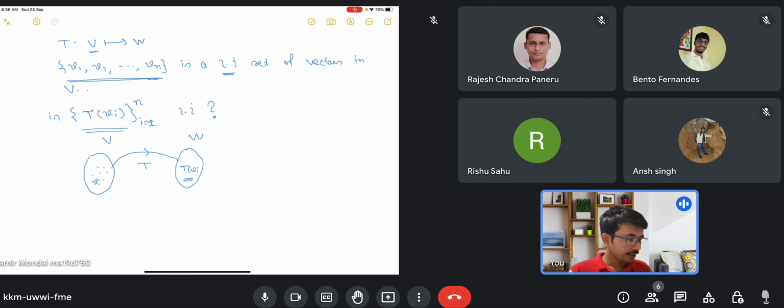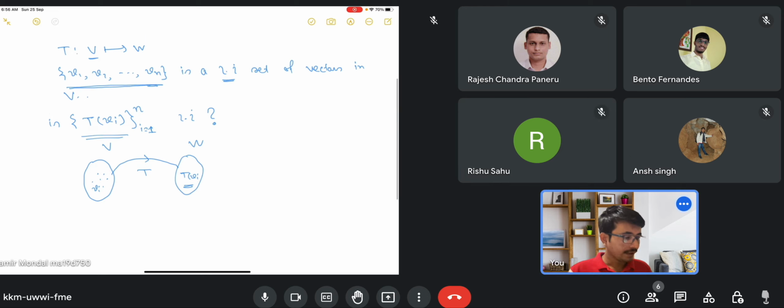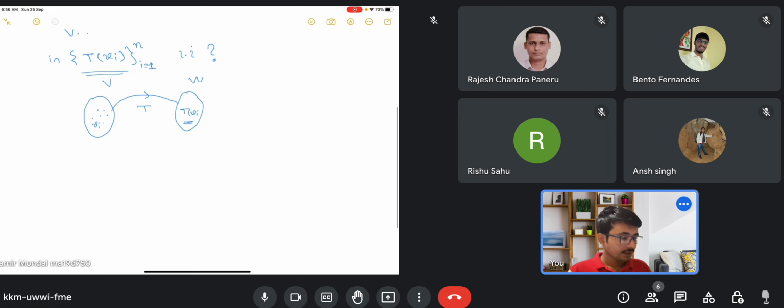Okay, so Fernandez is telling this is not always true. Yes, I agree. Let us try to solve it. We don't know whether it is linearly independent or not, so what should we do?